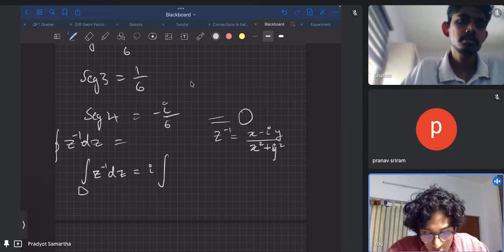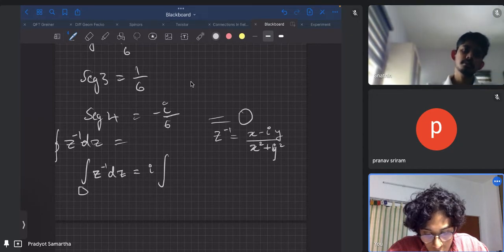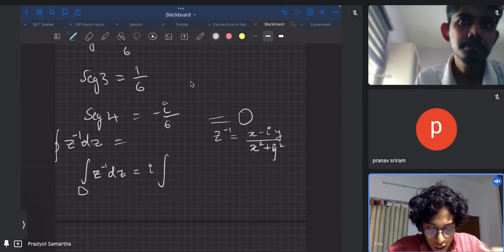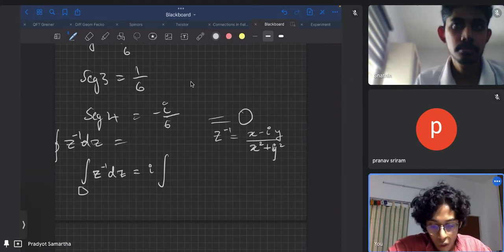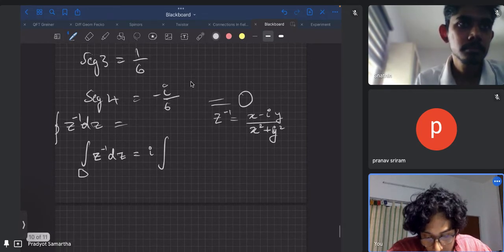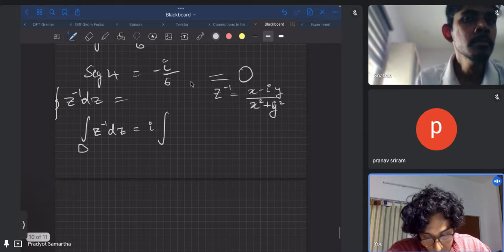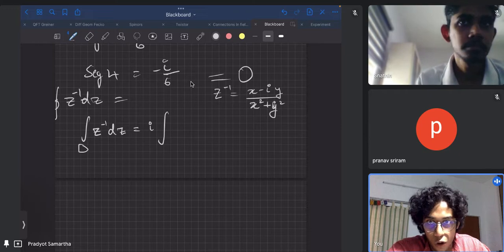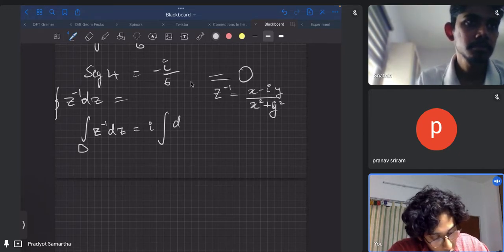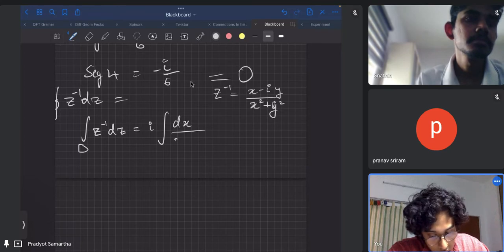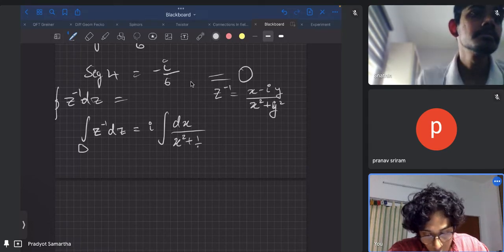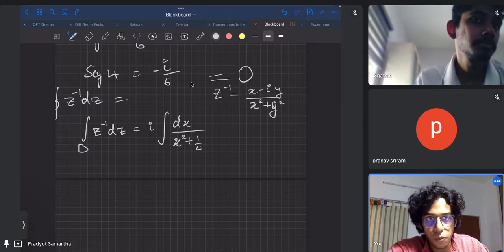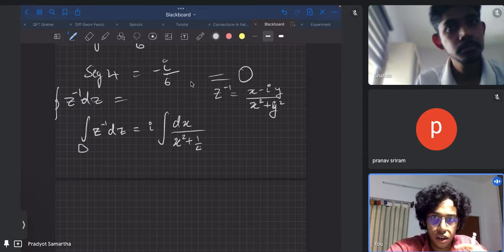When you take the integral of this in Cartesian form, for each of the terms, you have the last remaining term. You can solve this out for yourself, but you'll notice that you have the singularity as dx of x square plus 1 by 4. This term you need to take around the singularity point.